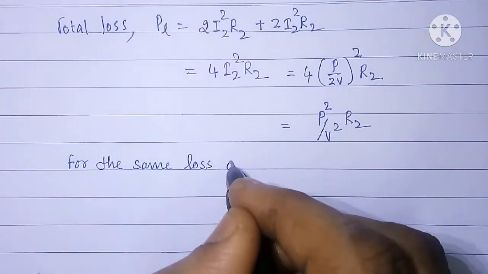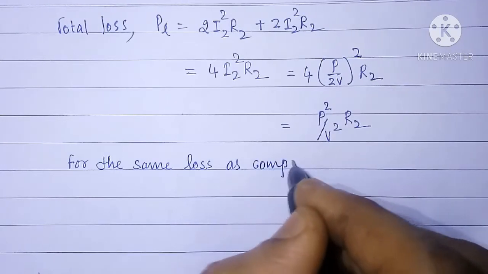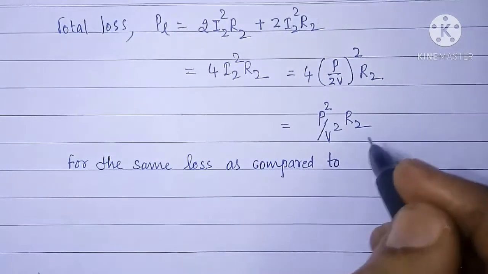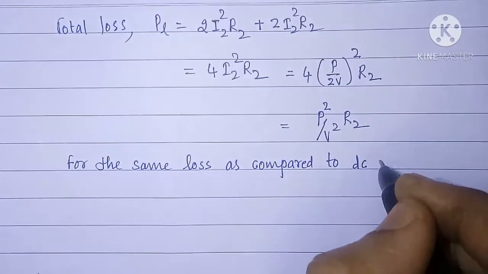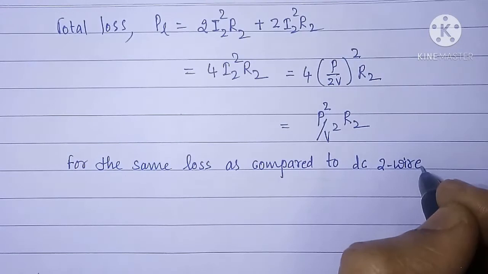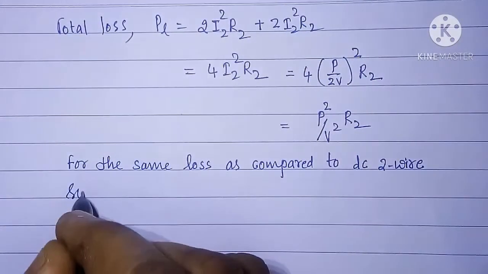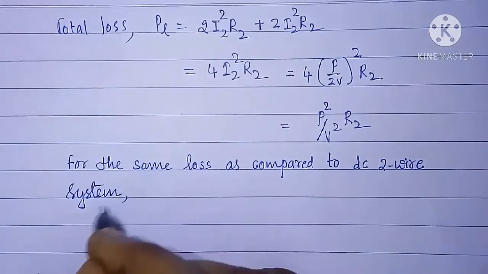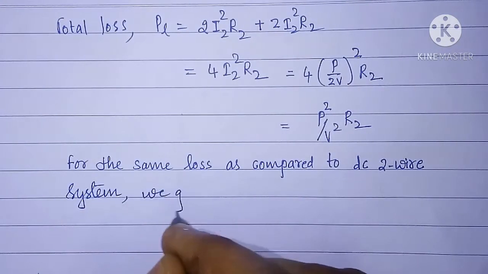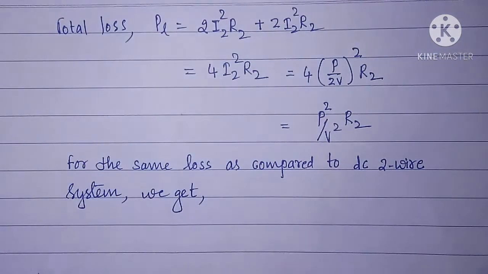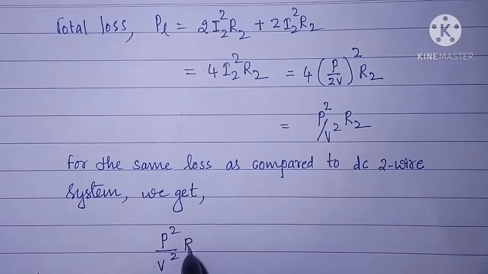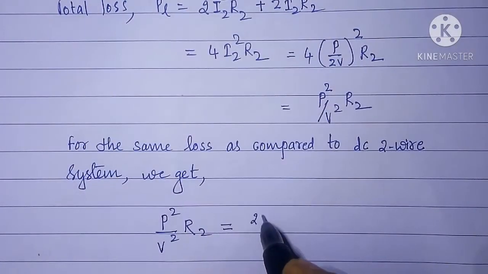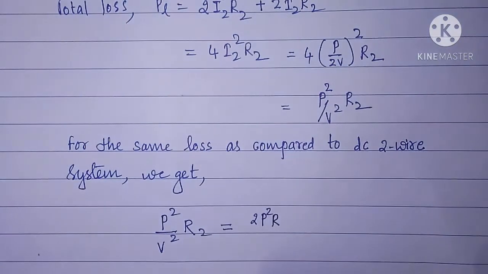For the same loss as compared to DC two wire system, we get P square by V square into R2 is equal to 2 P square R by V square.